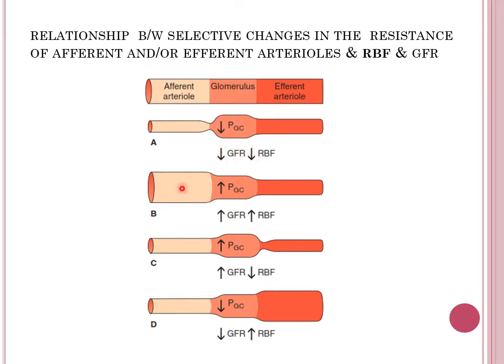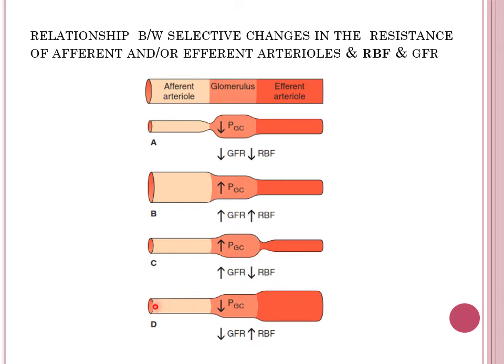Now the second picture is showing this. Suppose there is a dilatation of the afferent arteriole. That will increase the blood flow, and similarly it will also increase the GFR. Now look at the third picture. Here the afferent arteriole is normal, but in the efferent arteriole there is a constriction, a decrease in the diameter. That will increase the GFR by increasing the hydrostatic pressure, but it will decrease the renal blood flow, because the blood flow from here to here will decrease because of this constriction.